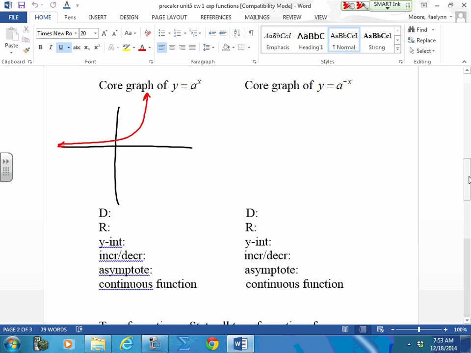This is when A has to be greater than 1, otherwise it's going to reverse what we're doing here. I think I put that on the other page. A is greater than 0 and it's not equal to 1.